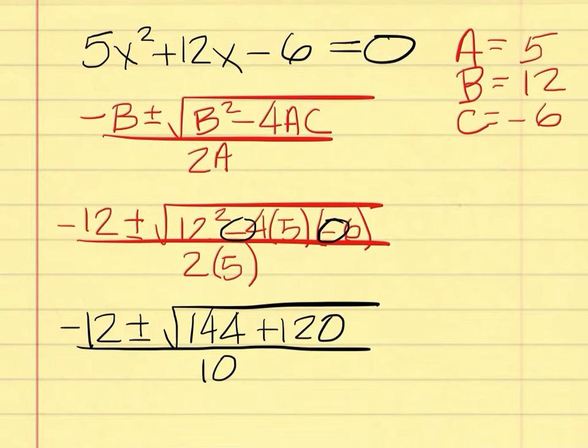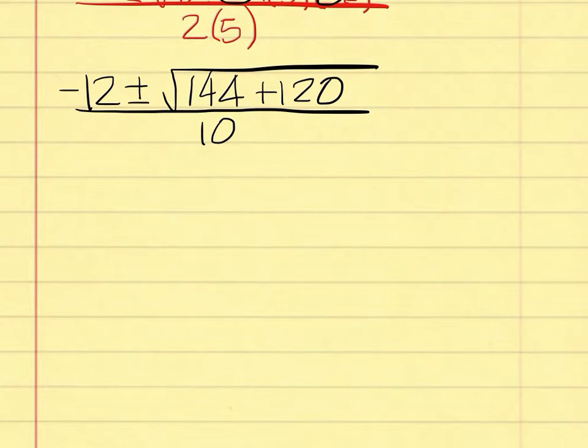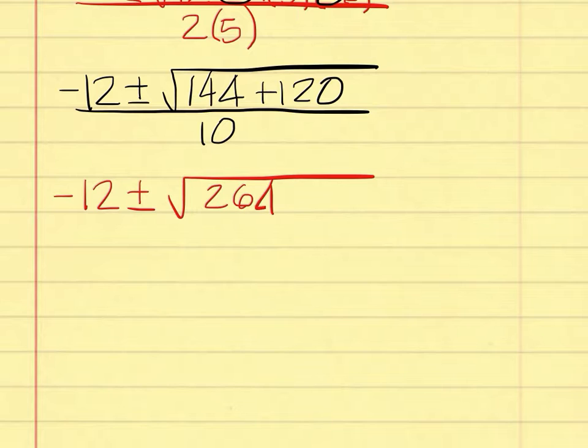So we have to go back in here and simplify just a little bit more. We have to do negative 12 plus or minus the square root of 144 plus 120, which gives me what? What am I doing? 144 plus 120, Hamilton. 264, right. So on the bottom, we have a 10.